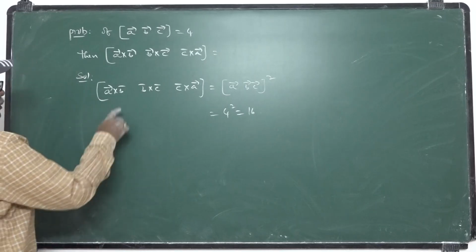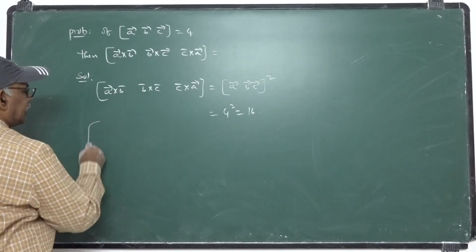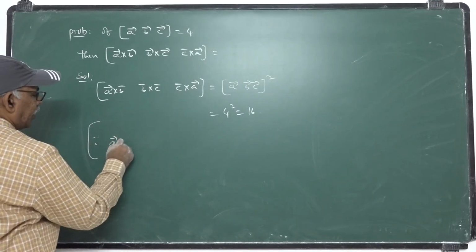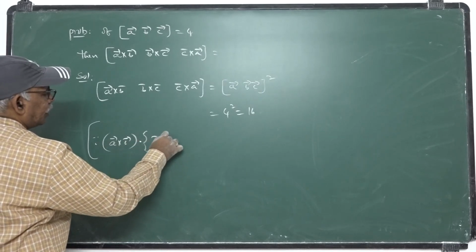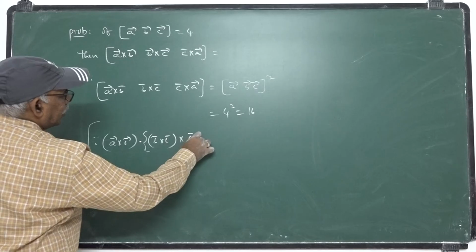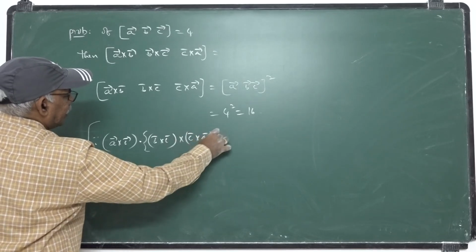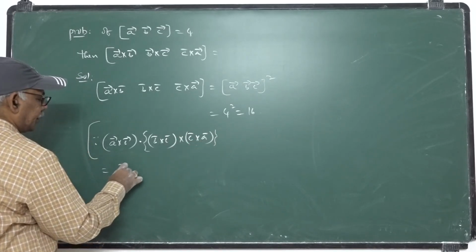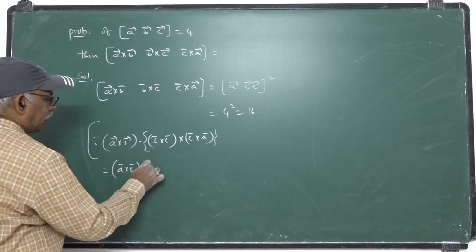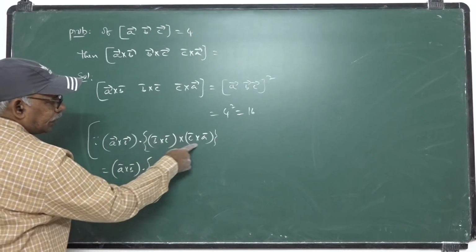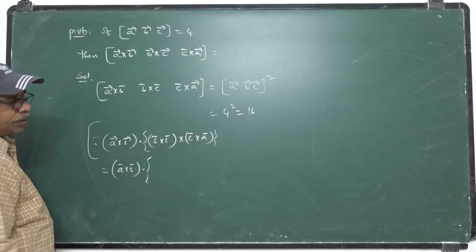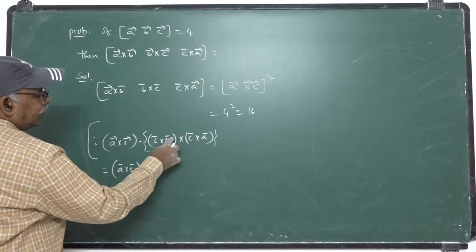You can evaluate this one like this. Since A bar cross B bar dot B cross C bar cross A bar, this is our box value. This is A bar cross B bar dot, assuming this vector as one single vector, apply vector triple product in between these.